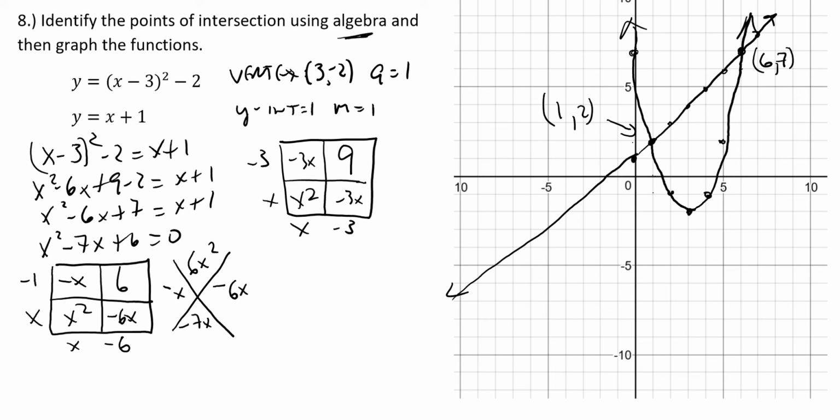So then when I look at the zero product property, I get x minus 6 times x minus 1 equals 0. So x equals 6 and x equals 1. And so then they want us to show how we get the points of intersection.